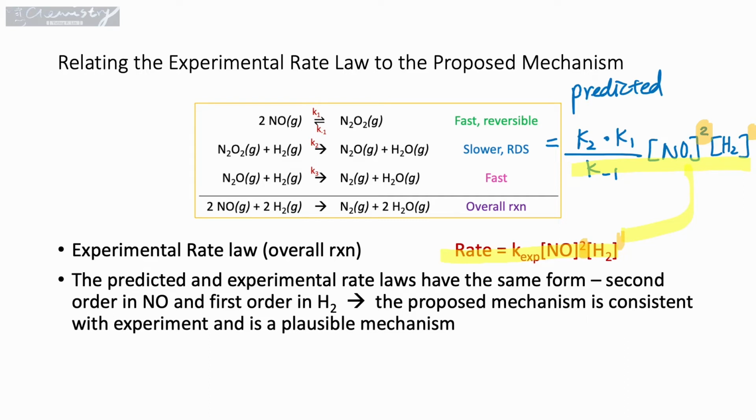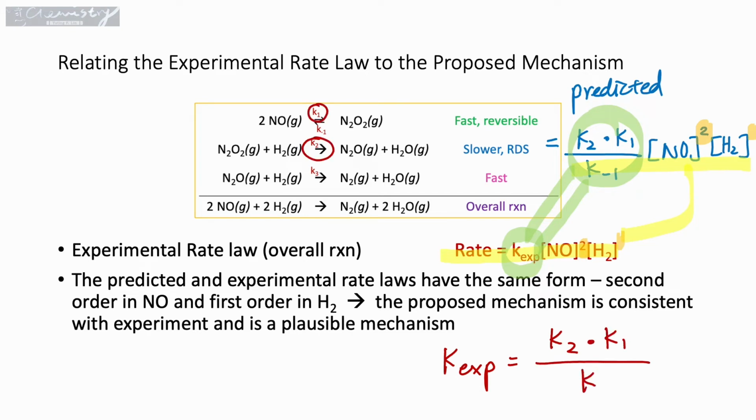So they're consistent with each other. That also means that this chunk and the K experiment are the same thing because they equal each other. So we can say that the K experiment, the rate constant we got from the experiment, is equal to K2, the second one, multiplied by K1, this one, divided by K negative 1. And that is how we can express the experimental rate constant with the rate constants from the mechanism and show that it is consistent with each other.